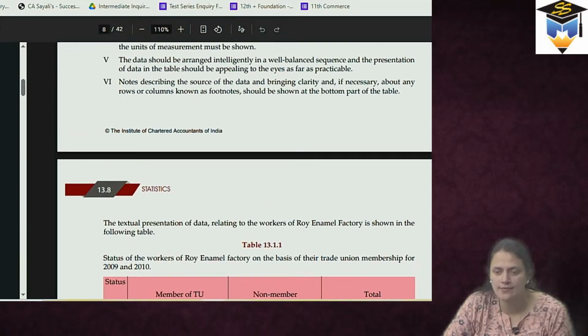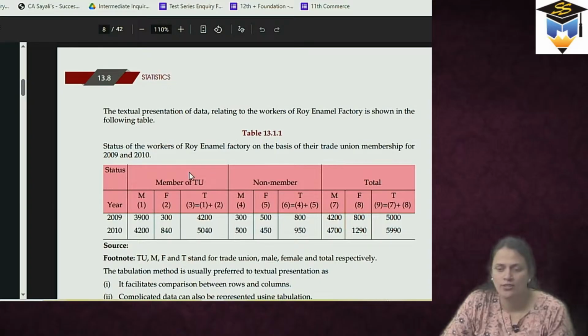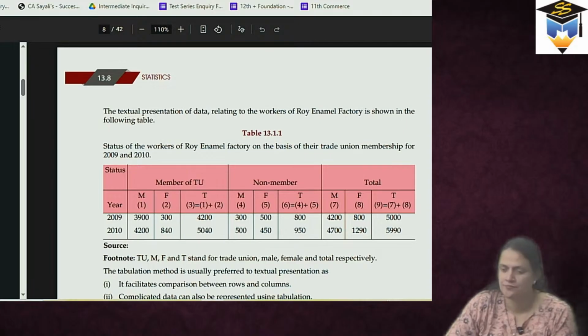We have seen it: box head. Box head is the entire upper part of the table which includes columns and sub-columns. So this is the box head, and also the units. And the numerical values are given over here. Now this is a horizontal table, but for a vertical table, the numerical values will be given on the right hand side.